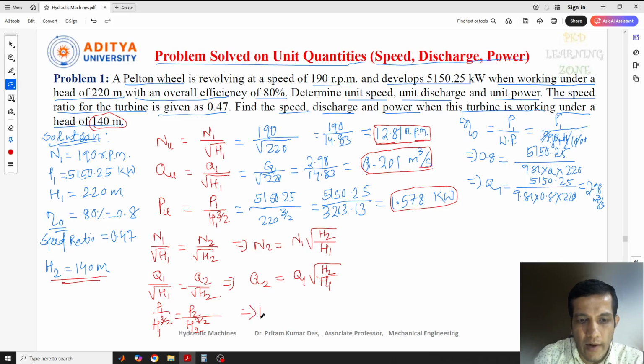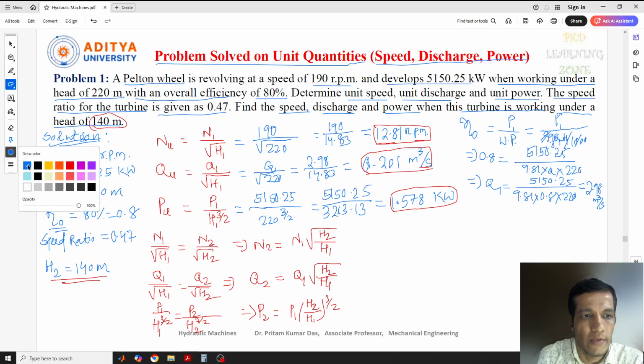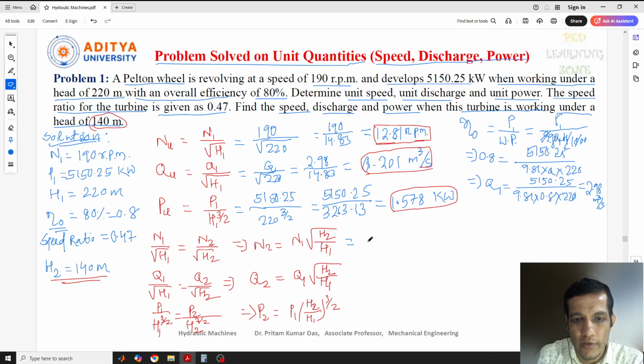So we need the value of power for the second head. P2 equals P1 into H2 by H1, whole to the power 3 by 2. So these are the things we need to calculate now. We put the values: N1 is given as 190, root over of H2 which is 140, and H1 given as 220.